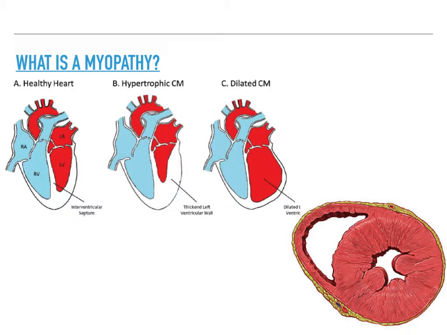So having more muscle is not necessarily the best, because here you're decreasing the amount of blood you could carry in that ventricle. This is a quick summary of what myopathy means, and the two different kinds we see: hypertrophic cardiomyopathy and dilated ventricle cardiomyopathy.